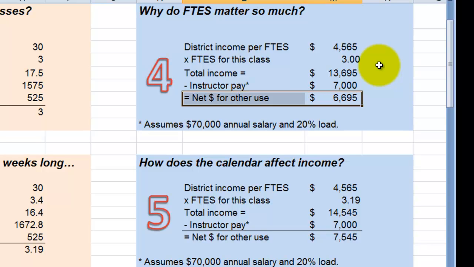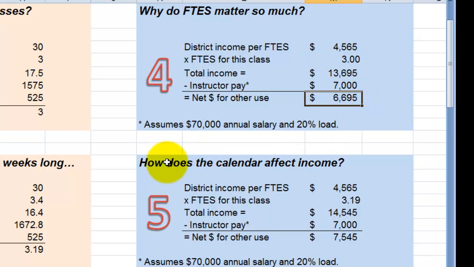It could be the administration for the department, the administrative support, it's the payroll department at district, it's groundskeeping, it's custodial, it's college administration, district administration, it's folks in various support offices throughout the campus. But this is the amount left over from this 3-unit class that goes to those other purposes.